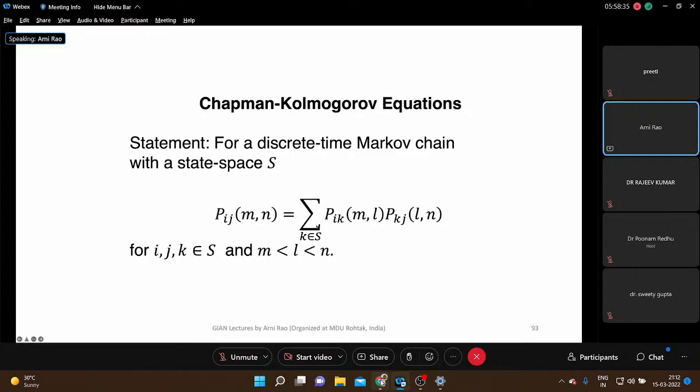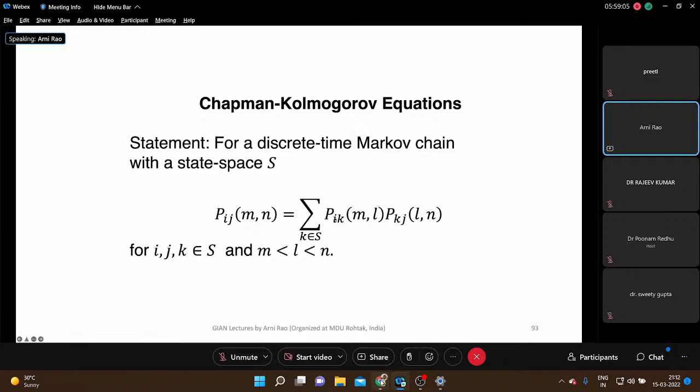So this could happen from i to k and k to j. i to k could happen from time step m to time step l, and k to j from l to n. At state i, X_m is equal to i, isn't it?